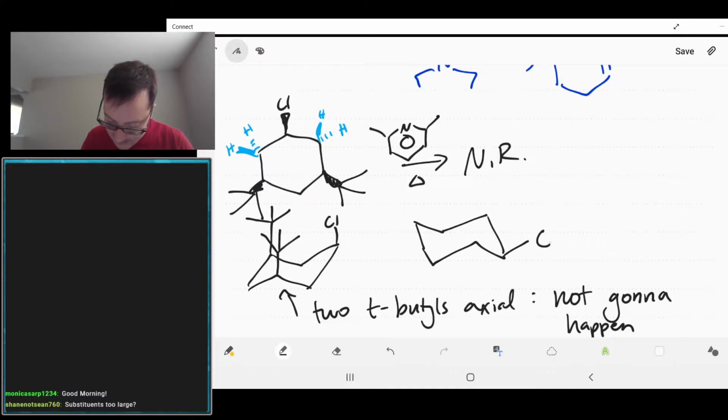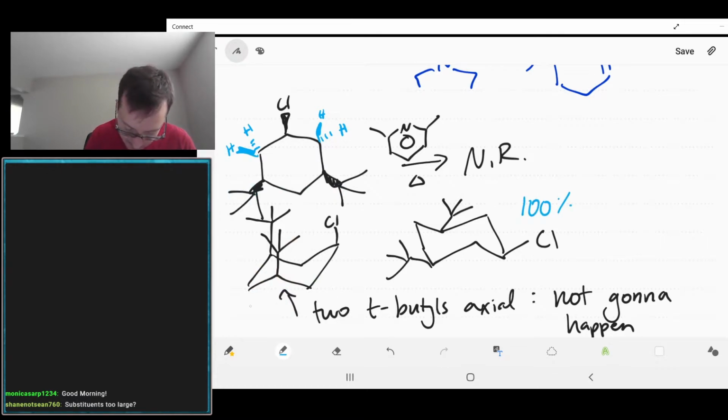So, because that can't happen, this is the way that the molecule is going to hang out, 100% this, 0% that. No way it's going to happen. Substituents are too large. Absolutely.